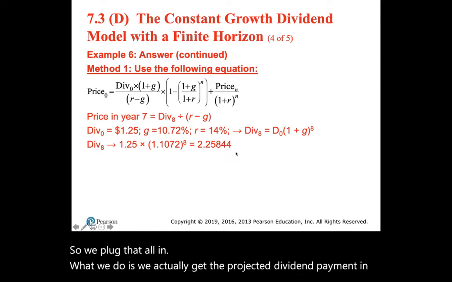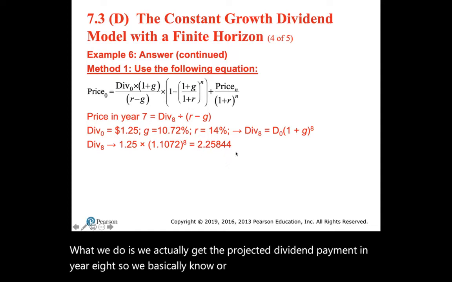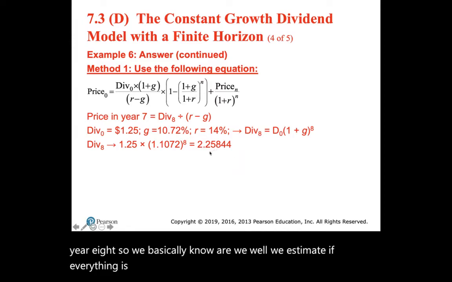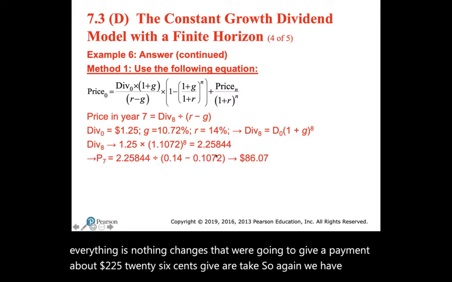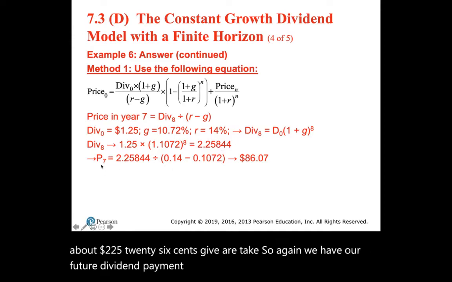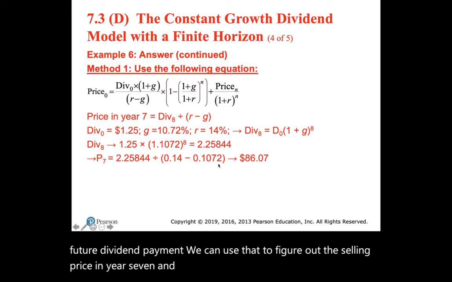So we estimate, if nothing changes, that we're going to get a dividend payment of about $2.25, 26 cents, give or take. Again, we have our future dividend payment. We can use that to figure out the selling price in year 7. And that's what we did. So this is our selling price in year 7. That's a good start.